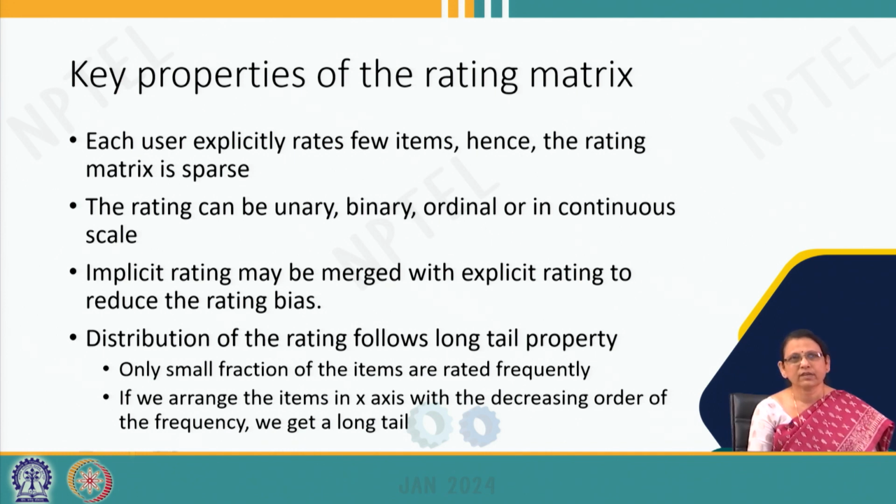This rating matrix can have values from different kinds of measurement scales. There are certain continuous ratings, but mostly the rating would be some discrete value. When it comes to discrete values, it is either ordinal, like 1, 2, 3, 4, 5 on the Likert scale, where a person goes from strongly dislikes to strongly likes.